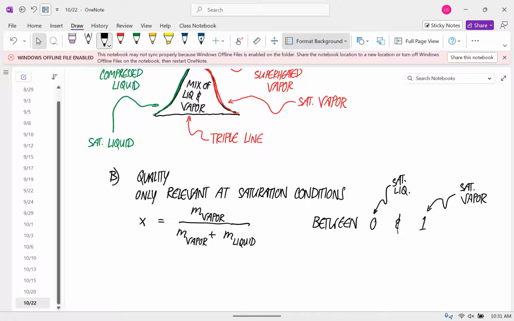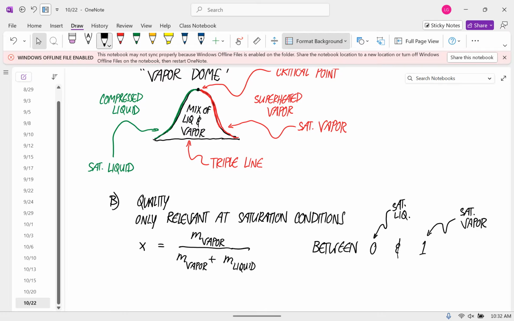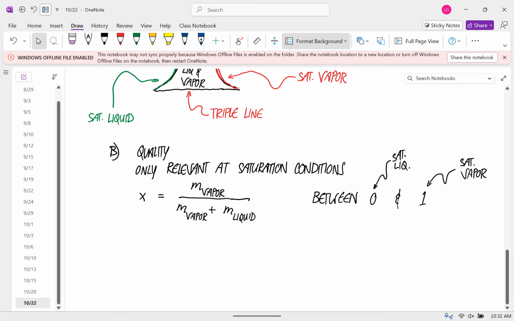So that green line on the left of the vapor dome is a saturated liquid, has a quality of 0, and the red line on the right side of the vapor dome has a quality of 1.